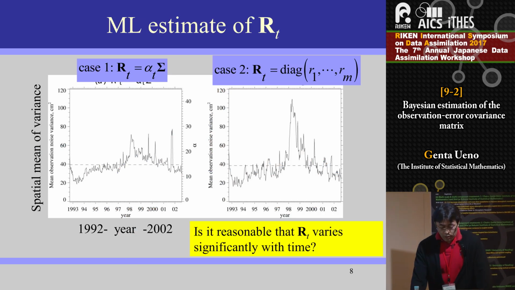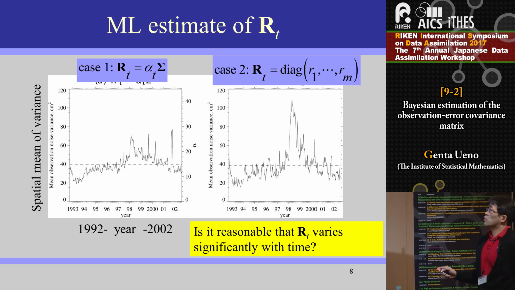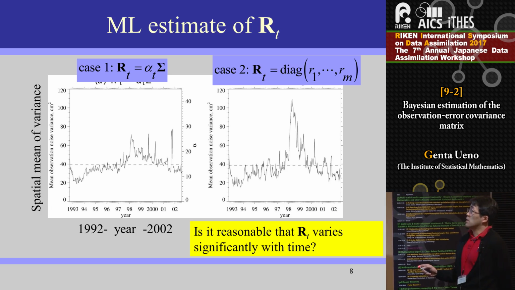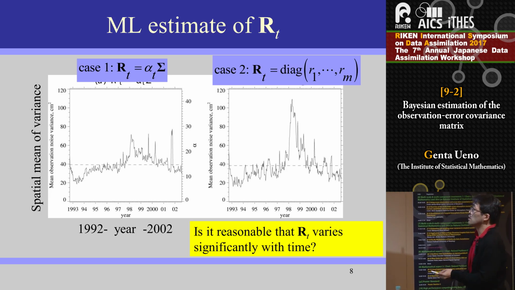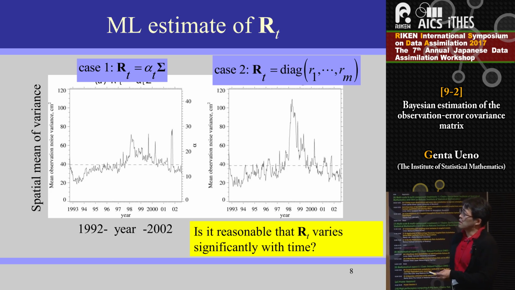First, I show the result by the maximum likelihood estimate of RT. In case 1, I assume RT is a scalar times some fixed covariance. And this shows the estimated R as a function of time, 10 years. The vertical axis shows the estimated variance. It shows the estimate highly fluctuates like this.